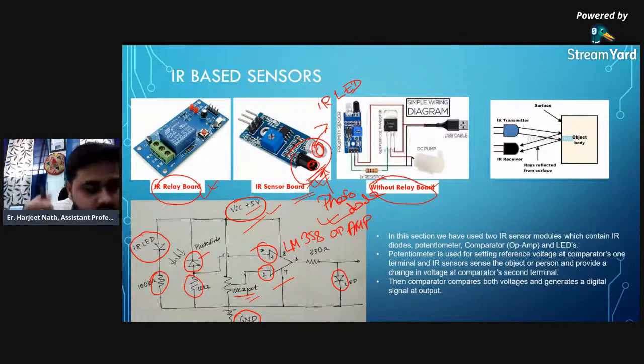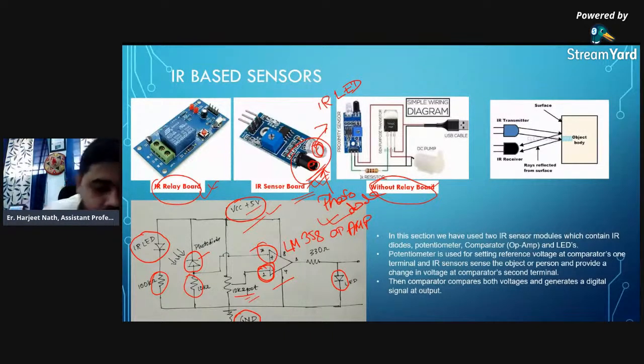Now when light falls on this photodiode, as I have said, the resistance will be dropping, and therefore the voltage will be varying.